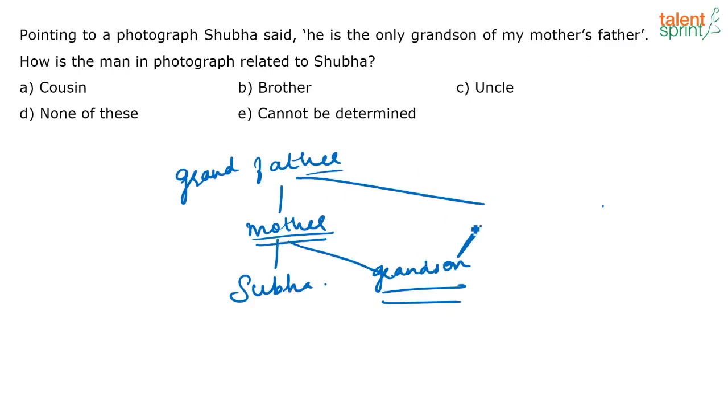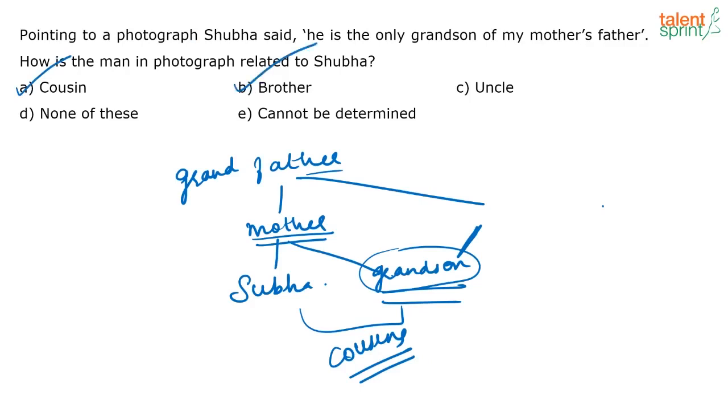He can have one more child, and this grandson can be a child of that person. So in that case, these two will be cousins. They can be cousins also. Either they will be brothers, that is Shubha's brother, or cousin. So it can be cousin or brother.